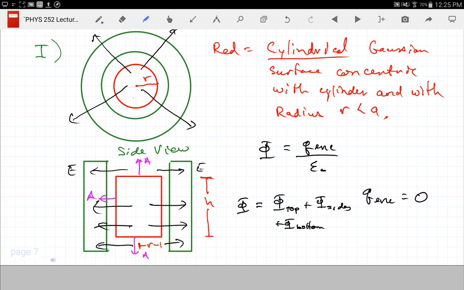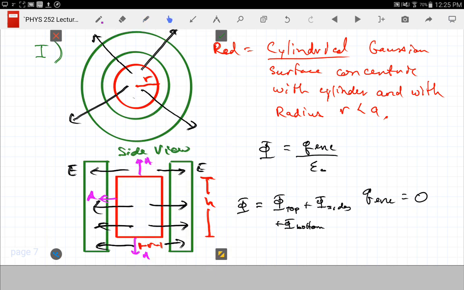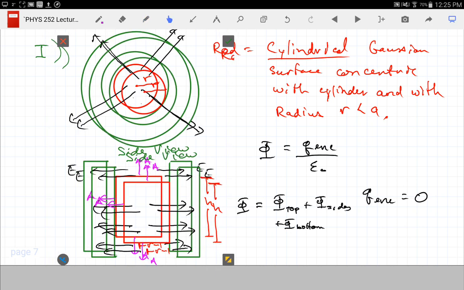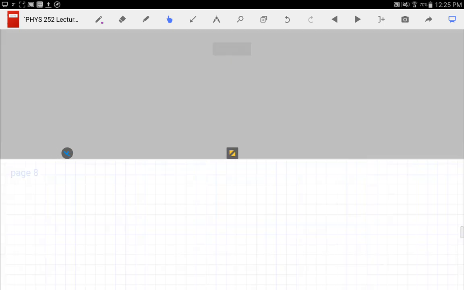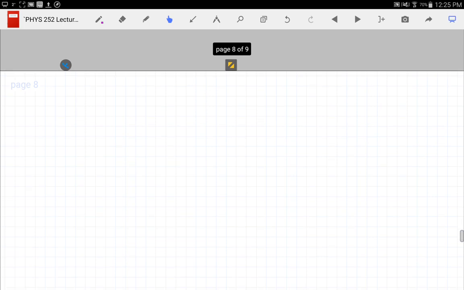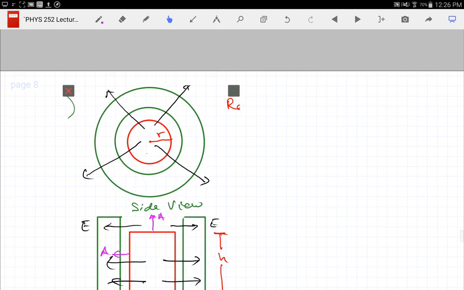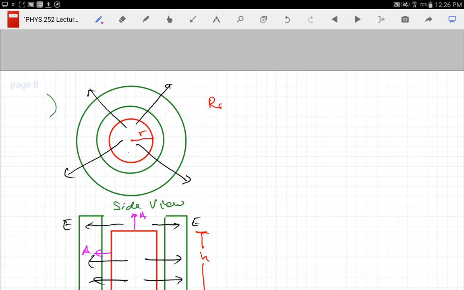So why is the field only going in those directions? Because of the symmetry, it's restricted. Right, because we have a cylindrical symmetry, it can only flow along the cylinder. Because we have the cylindrical symmetry, it can't matter how you view it as long as you're within that symmetry.